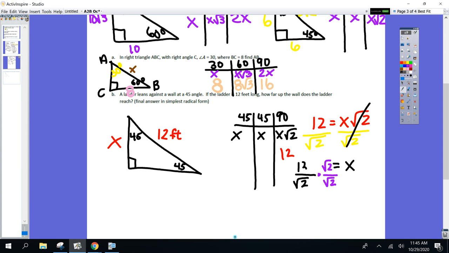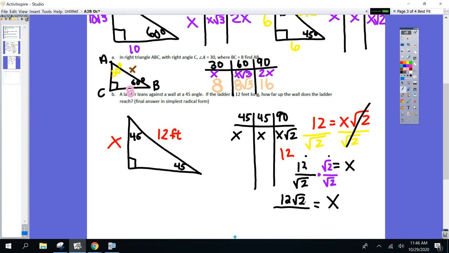Some of you remember this. You just don't want to say it. All right, what am I left with on top? 12 times radical 2. Just put the 2 together. 12 radical 2.